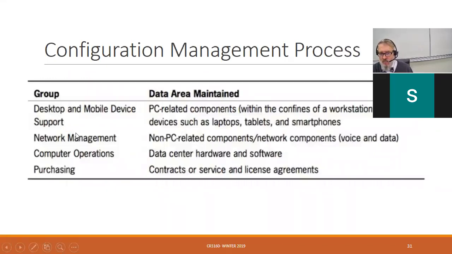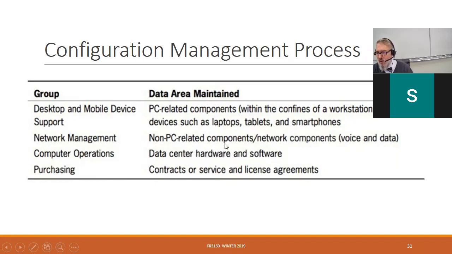And here's some examples of groups and how they are going to be impacted by the configuration management system, where we're going to keep the information about them. Okay, so for example, with the purchasing, we're going to record all their contracts and things like that. Computer operations, we're going to have maps of their data center and hardware.